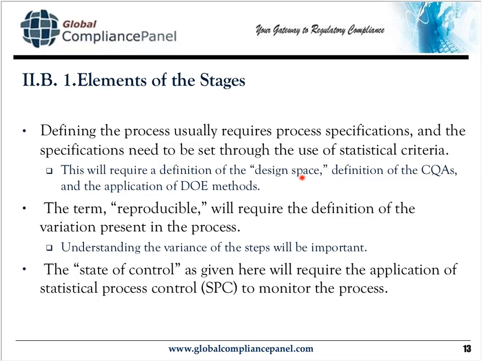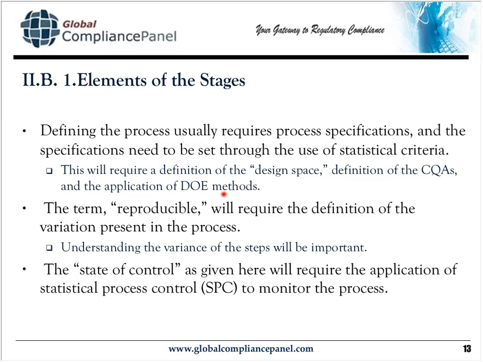And FDA in another guidance document allows you to make changes within the design space without having to report it as a major change. Now, defining the design space requires a definition of what are called the CQAs, the critical to quality attributes. And this requires the application of design of experiment methods, DOE methods. And we will say more about DOE as we go.